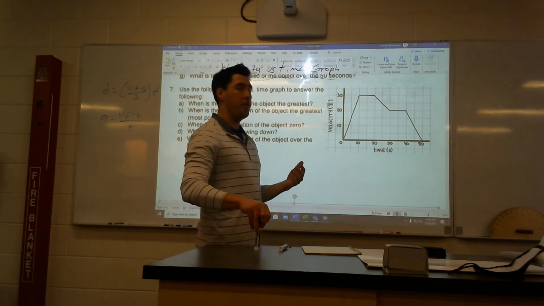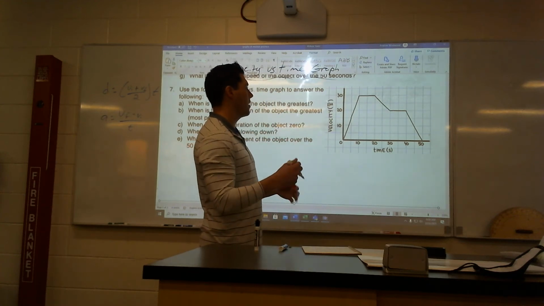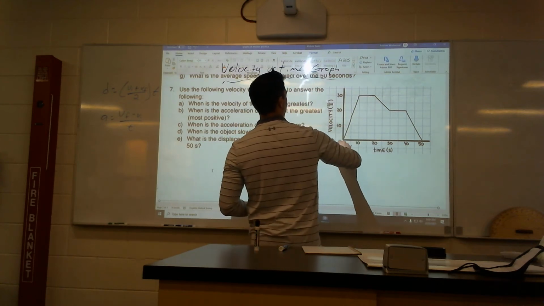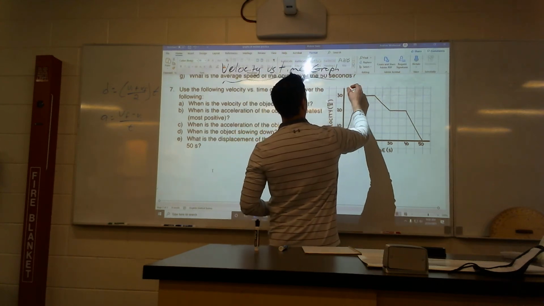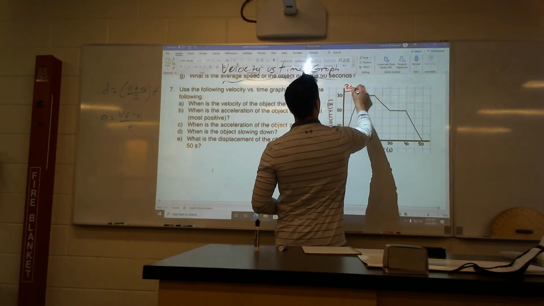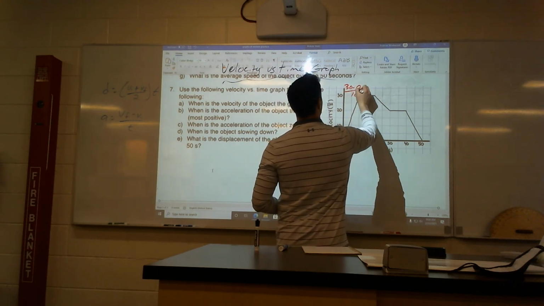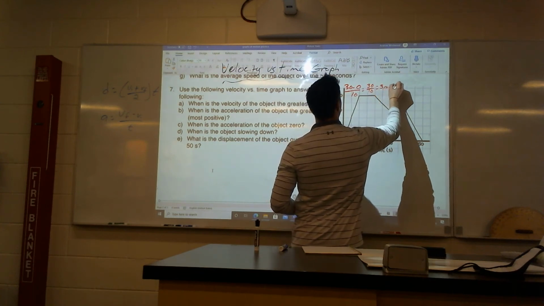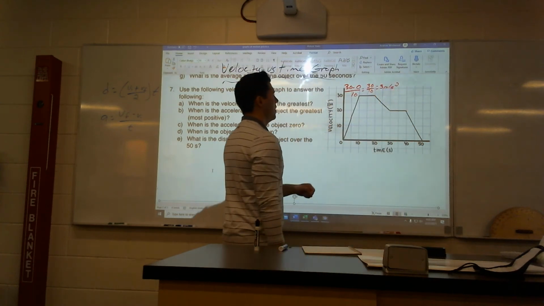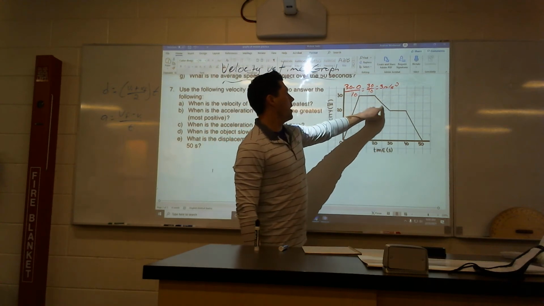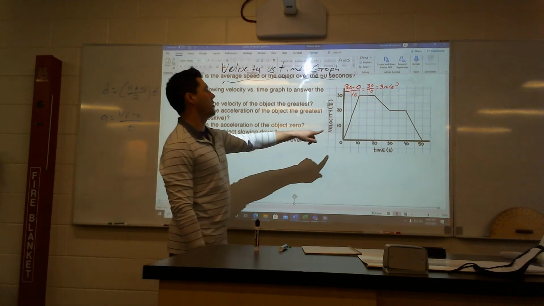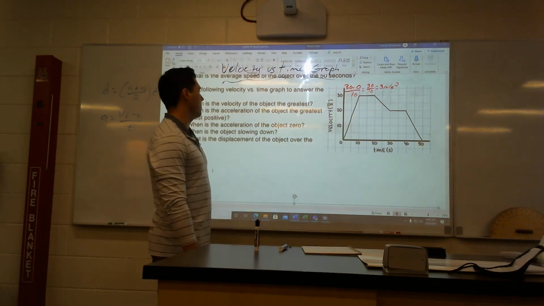But to find the actual calculated acceleration, I'm going to go VF minus VI over T. I went from 0 to 30, so 30 minus 0 over 10 seconds. Acceleration equals 30 over 10, or 3 meters per second squared. And there's only actually one positive acceleration, so that's right there.